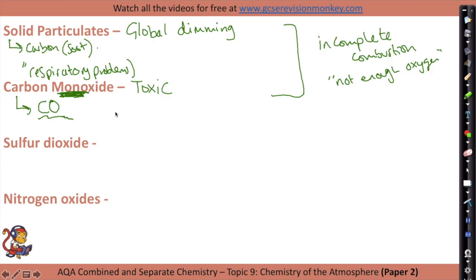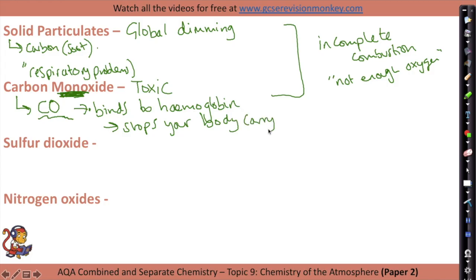What it does is it stops your body getting enough oxygen because it binds to hemoglobin in your red blood cells, and that's what oxygen normally binds to as well. Because if the hemoglobin in the red blood cells has carbon monoxide bound to it instead of oxygen, when you're breathing in you can't get enough oxygen and you will soon die from that.